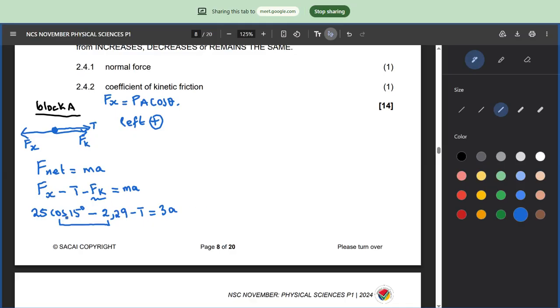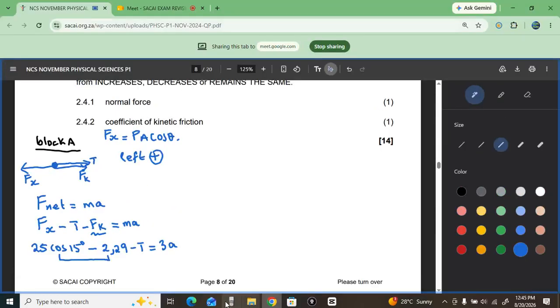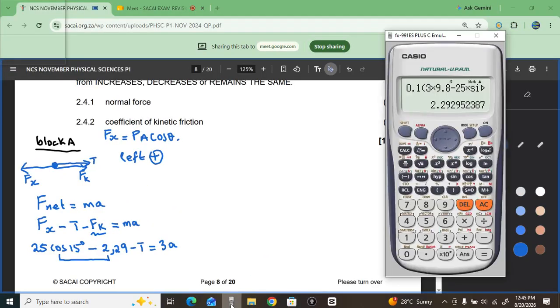Can you please quickly do that on your calculator? What is 25 cos 15 minus 2.29? What is that equals to? Okay, let me calculate that. So this is 25 cos 15 minus 2.29.